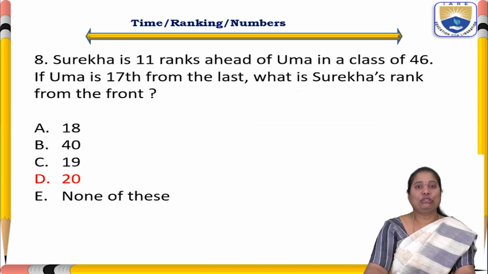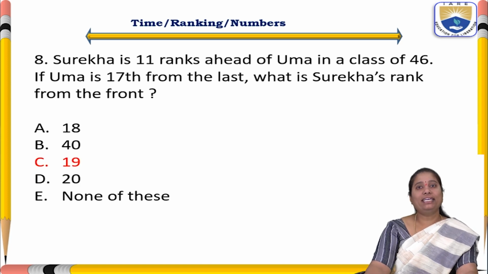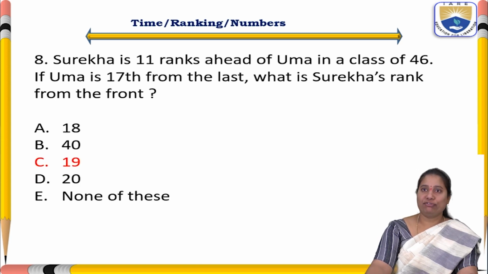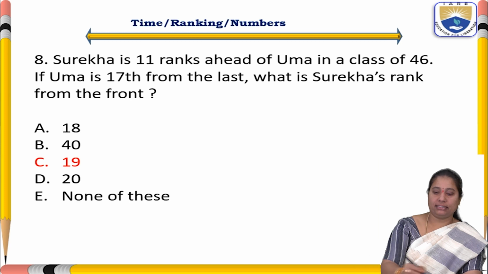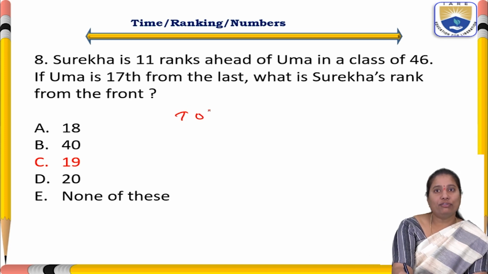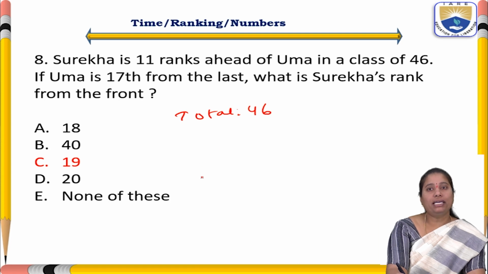Now the 8th question. Sureka is 11 ranks ahead of Uma in a class of 46. So the total strength of the class is 46, whereas Uma is 17th from the last.